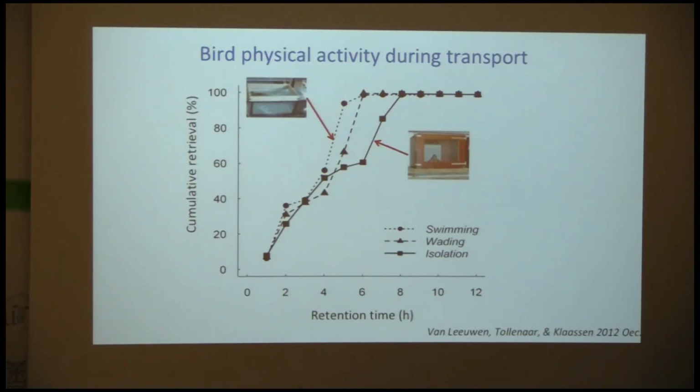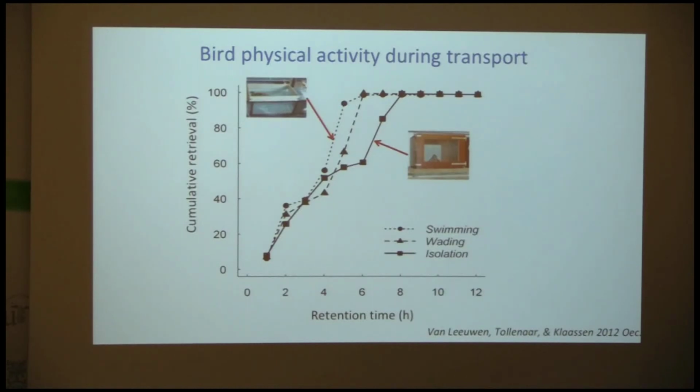So that means, what we later interpreted as due to the peristaltic movements, so the movement of the birds, would stimulate the processing of the food, the markers, through their system. Which means that if you're estimating that a seed would be transported a certain distance by a bird over a certain number of hours retained in its digestive system, this may actually be shortened if the bird is actively flying.